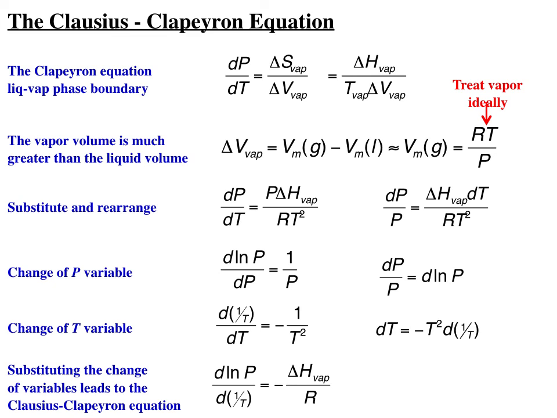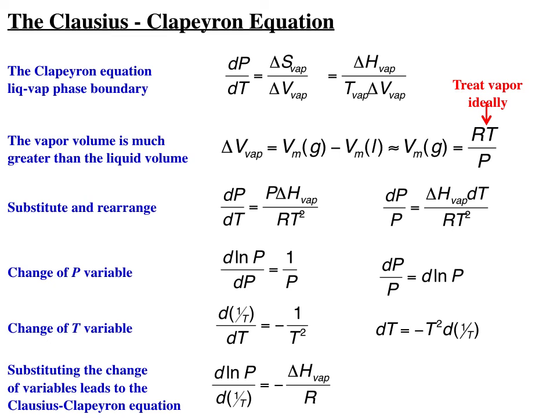Water at STP in the vapor phase occupies 22.4 liters. That is 1,000 times more volume. So that is a valid assumption to say the molar volume of the gas is way greater than the molar volume of the liquid.